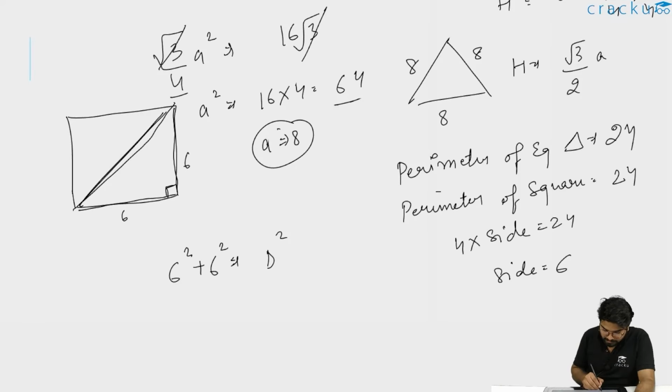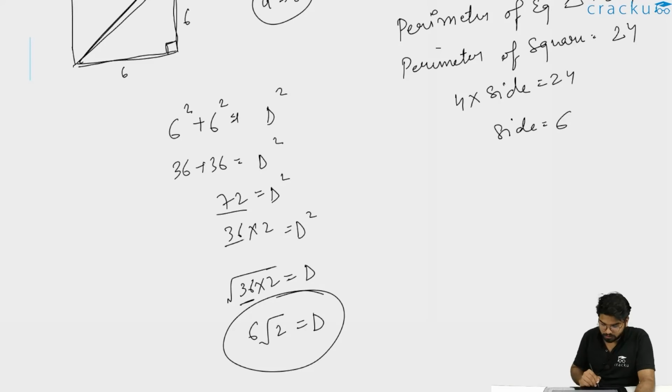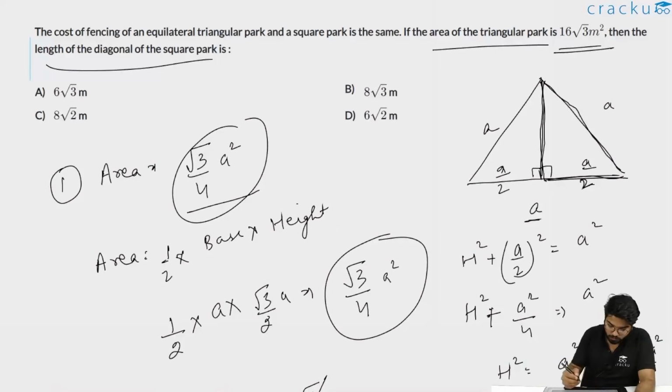We get 36 plus 36 is equal to diagonal square, 72 is equal to diagonal square, which is nothing but 36 into 2. We can take under root on both sides. 36 is the square of 6, so 6 root 2 is equal to the diagonal. So this is the length of our diagonal, that is 6 root 2, which is option D.